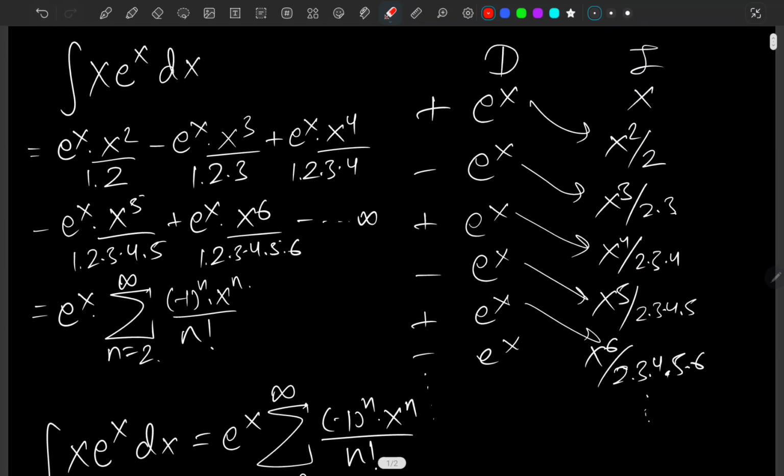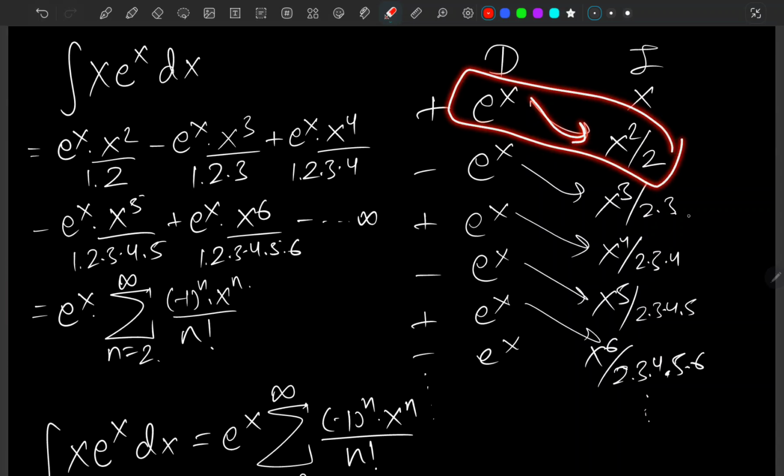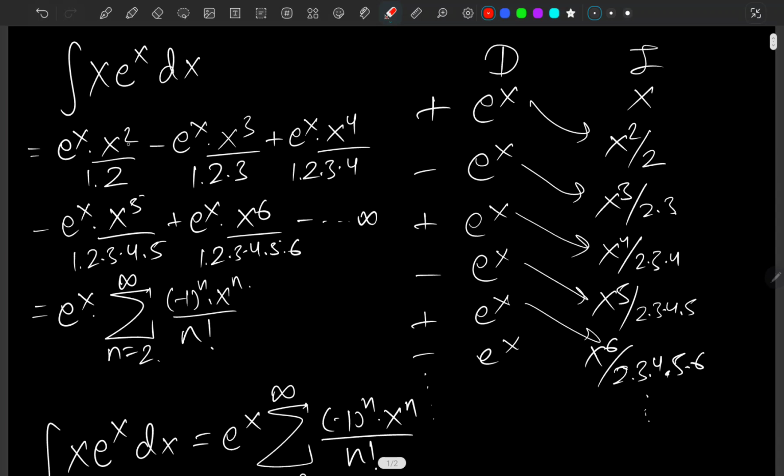Okay, so now I'm just going to combine them, we do the DI method. So here our first term is e to the x times x squared over 1 times 2. I can write that to make it some kind of factorial here, and this is 3 factorial, this is 4 factorial.